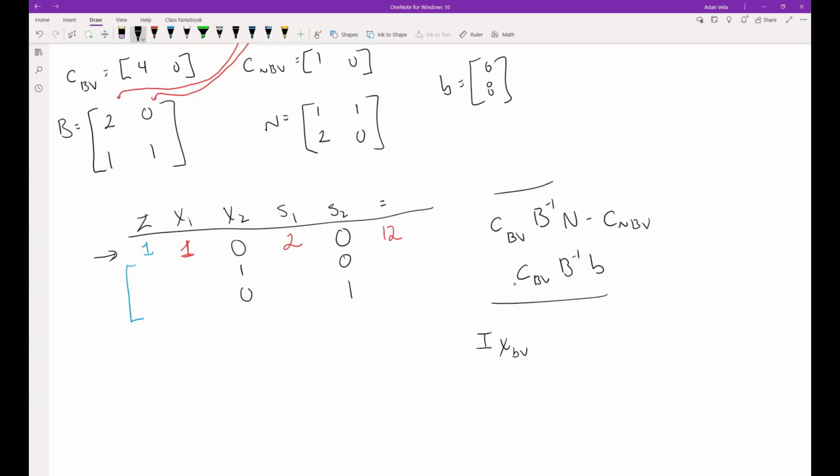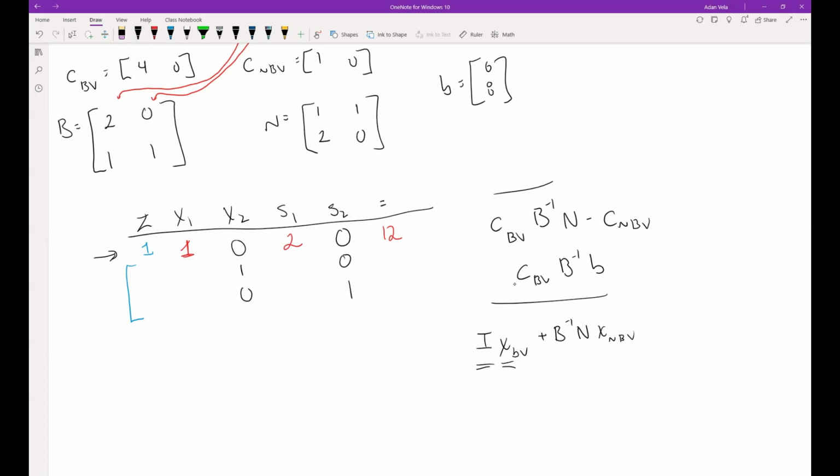times XBV plus B inverse N times XNBV. Technically we've already done the I times XBV. That's what these columns correspond to. That's the I matrix, the 1, 0, and 0, 1. So we've got that.